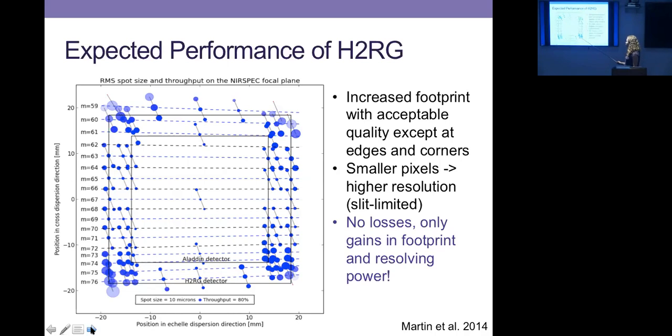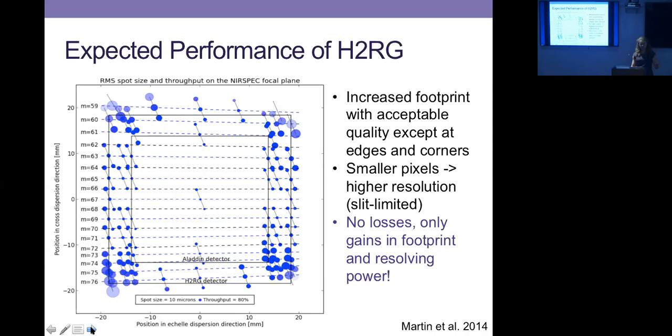However, at all of the corners, basically the spot sizes end up blowing up. And so your image quality has degraded and you won't be getting anything useful there. We also have some vignetting here. So that's what the fainter spots represent, vignetting. And so some of the light isn't making it through just on the very corners of the detector.